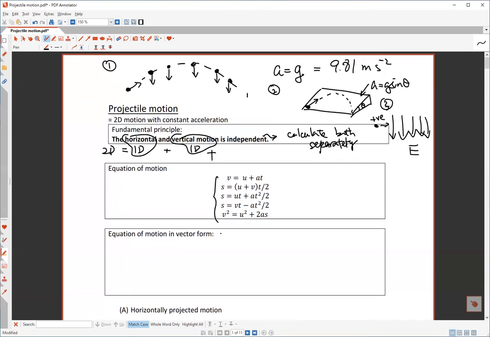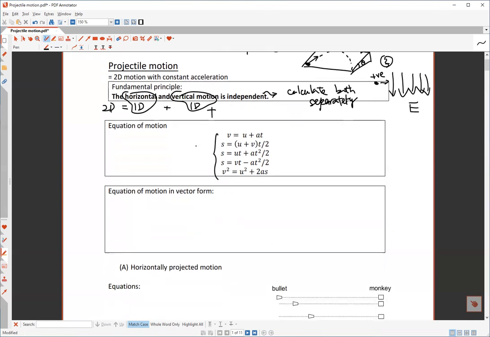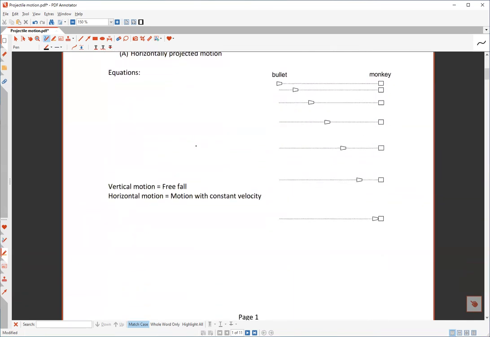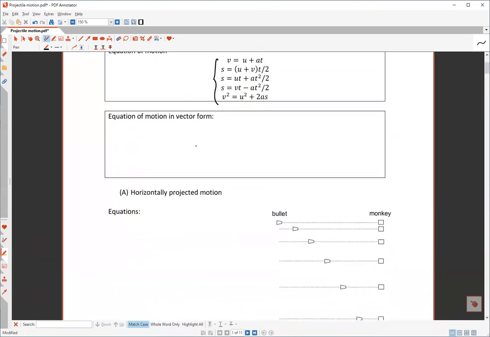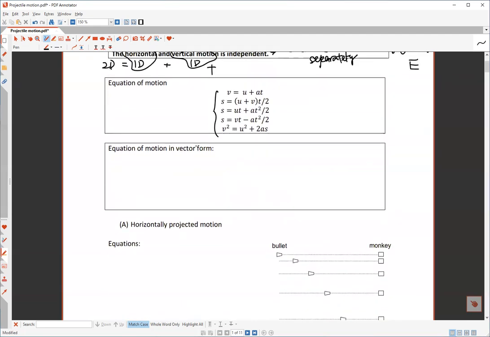So that is the idea of this chapter. Nothing special or difficult actually. Let's look at these five equations of motion. We can write these five equations of motion in vector form, because v, u, a, and s are vectors.